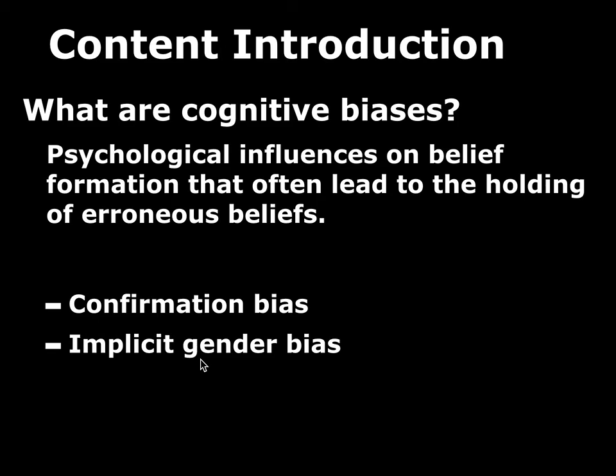So even people who aren't racist, even women, for instance, who are real feminists and who really believe in gender equality, you can show that subconsciously they have certain biases against women. They're not aware of it, but it's one of the things that you can show. Same thing with race, right? So it's not the explicit racism or explicit sexism. It's these implicit factors that are going to be the topic of implicit gender bias.